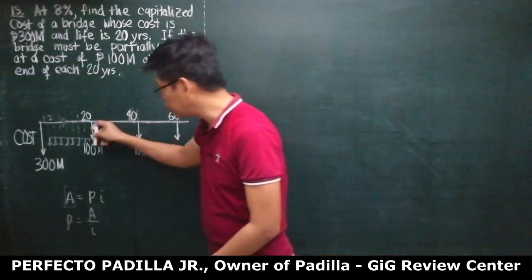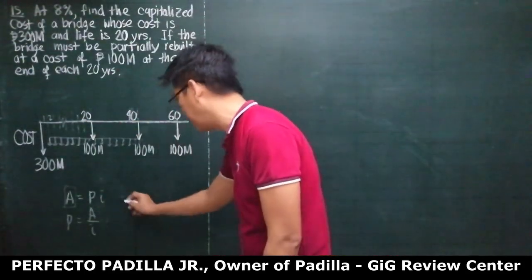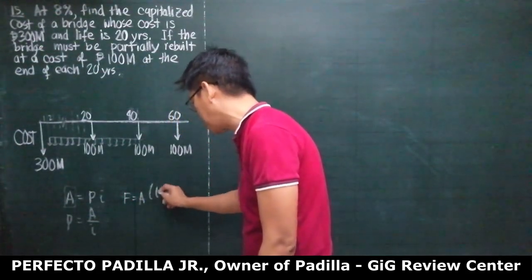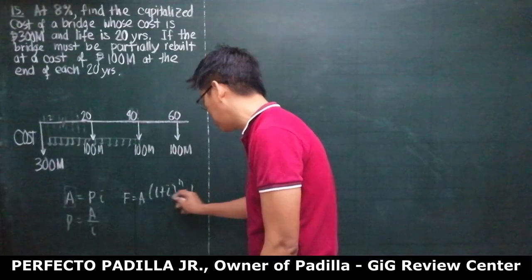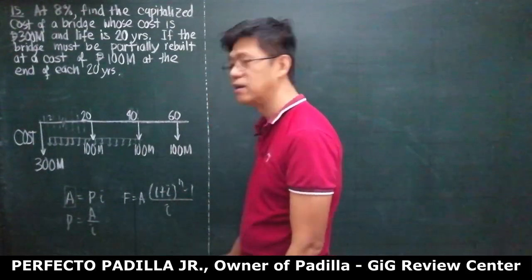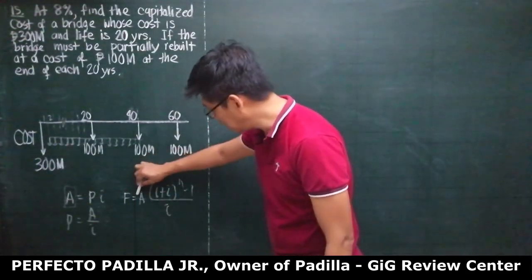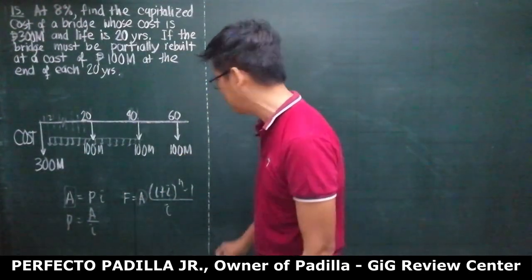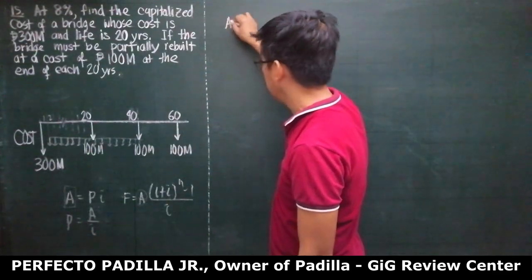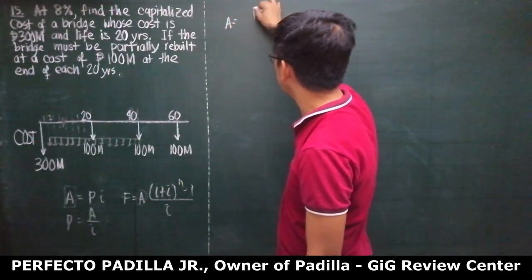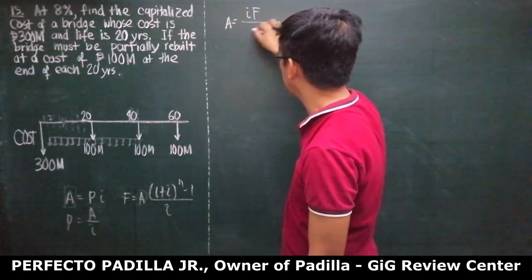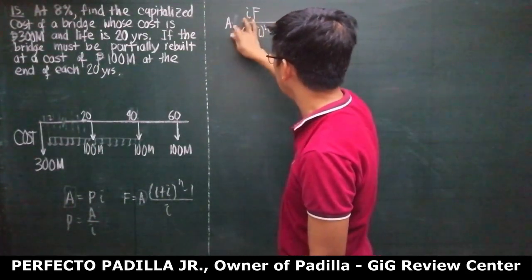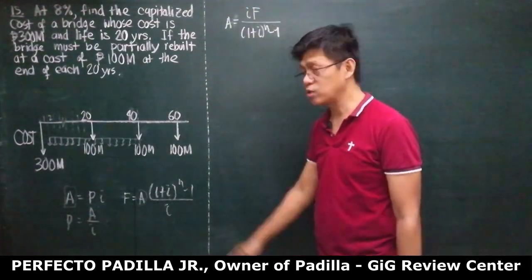So, di ba future convert to annuity dahil ang formula natin is F is A times 1 plus I raised to N minus 1 over I. Okay? So, yung A natin dito is going to be F times I over this, di ba? So, you have A is going to be F times I over 1 plus I raised to N minus 1. Tama?